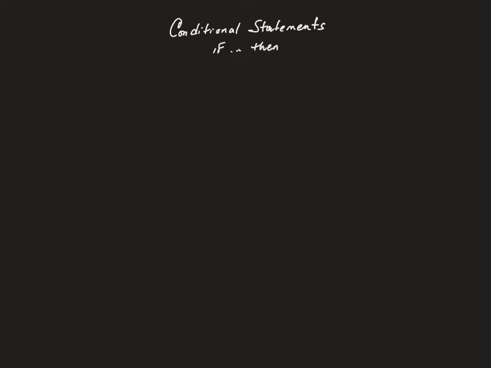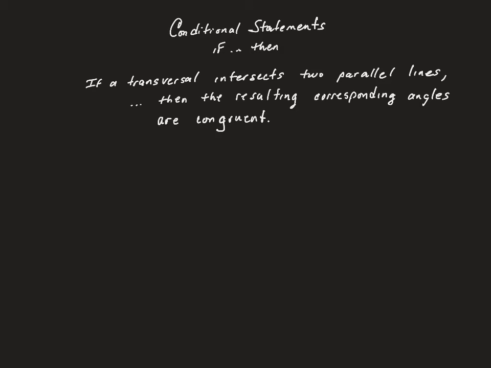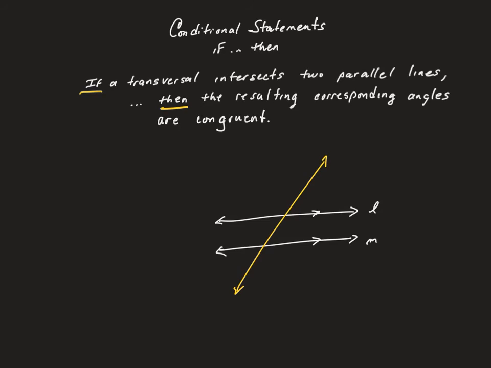So an example, given what we know: if a transversal intersects two parallel lines, okay, so I have two parallel lines, and we'll call them line L and line M, and we'll make sure that they look parallel, right? So I identify them as parallel, and we have a transversal that intersects them. Then we know if a transversal intersects two parallel lines, then the resulting corresponding angles are congruent.